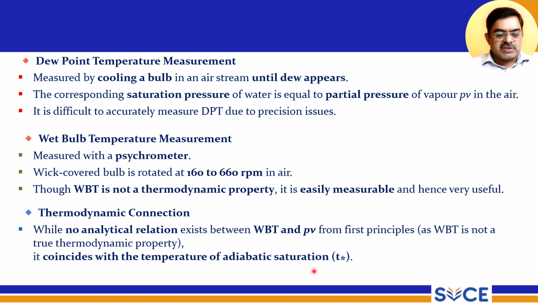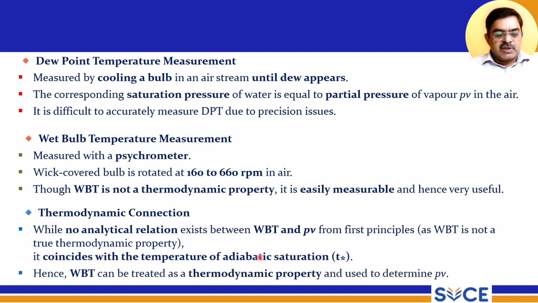This T star is known as the adiabatic saturation temperature, as we saw in earlier slides. Hence, wet bulb temperature can be treated as a thermodynamic property and used to determine PV.